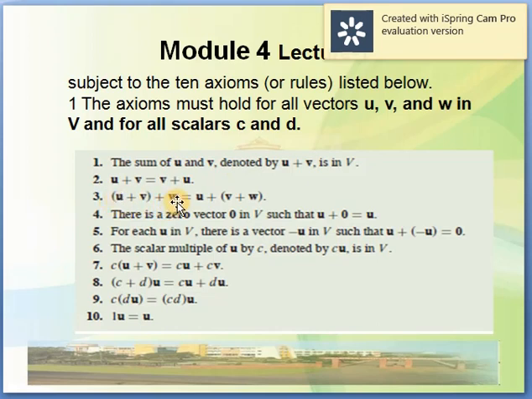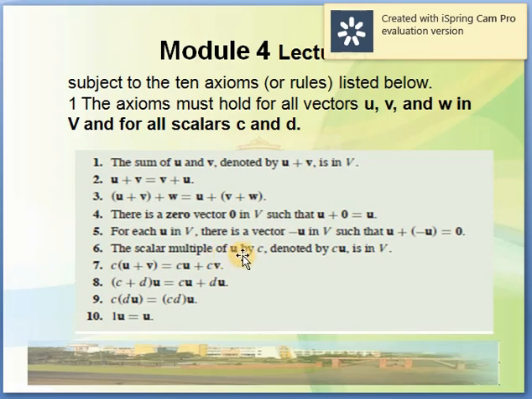And the associative property with respect to addition: if we have three vectors, then the sum of them should also be in V. Then there must be a zero vector in V such that u plus 0 is equal to u. And if there is u in our space, then minus u should also be in V such that u plus minus u is equal to 0.